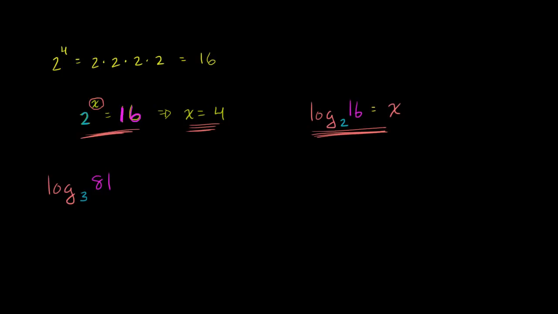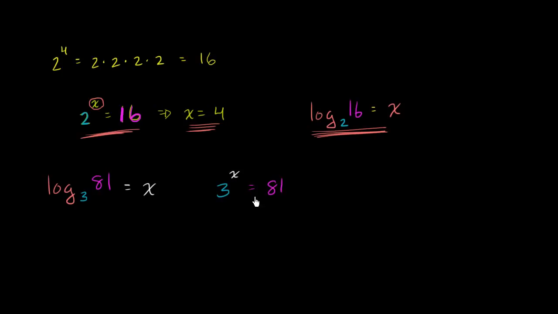So if you want to, you could set this to be equal to an x, and you can restate this equation as 3 to the x power is equal to 81. Why is a logarithm useful? You'll see that it has very interesting properties later on. But you didn't necessarily have to use algebra to do it this way, to say that the x is the power that you raise 3 to get to 81.